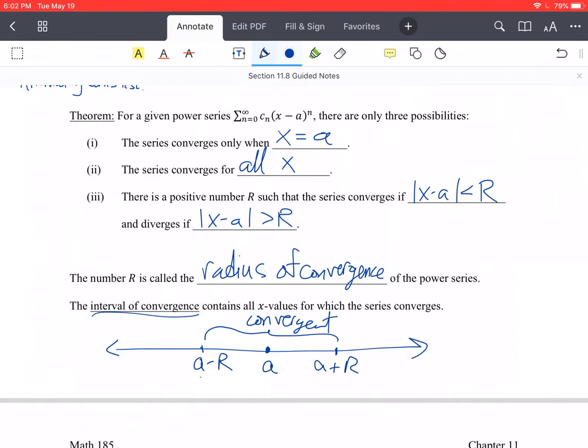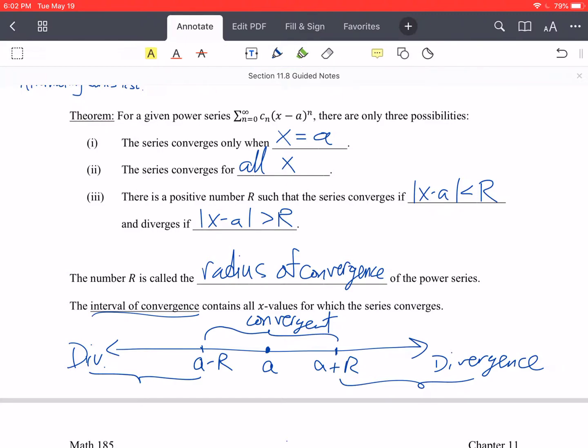But as soon as we head outside of that interval of convergence, then we have divergence. Out there and out there. Okay, so that's the basic idea here.